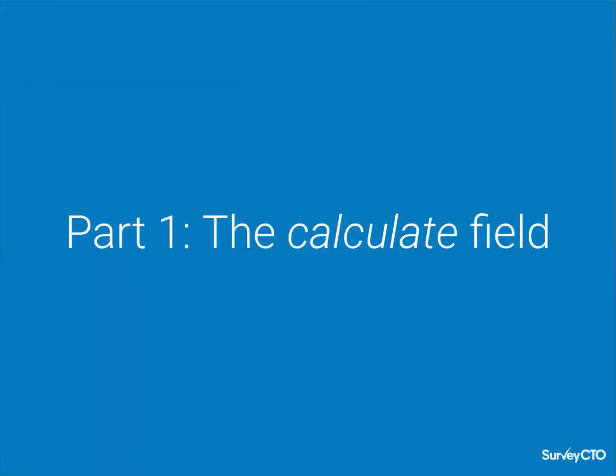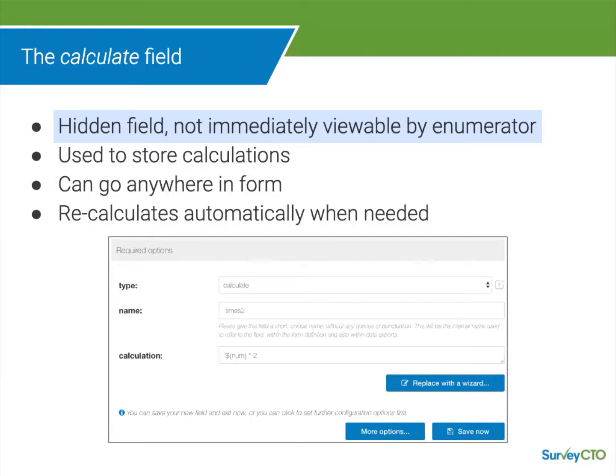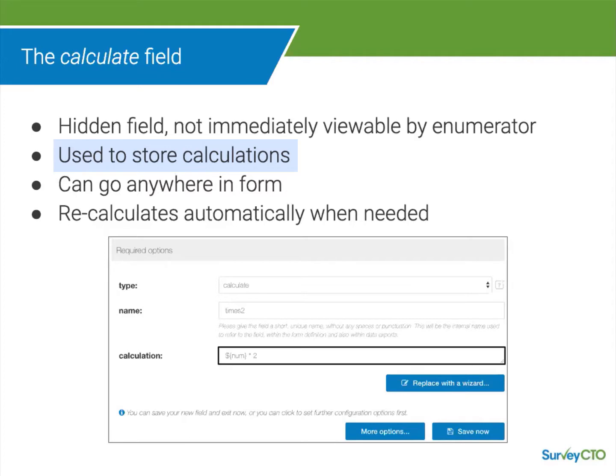First, let's review what exactly a calculate field is. The calculate field is a hidden field. Hidden fields are part of the form, but the enumerator cannot see their value, at least not until they are used in a visible field. They are used to store calculations, like this one right here.